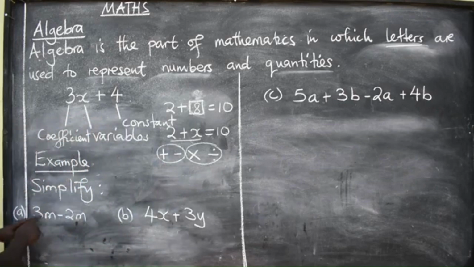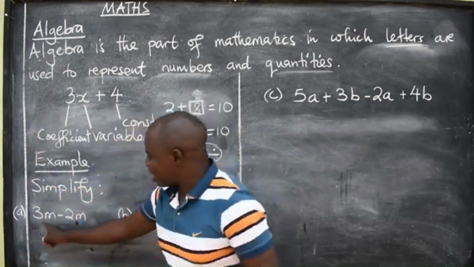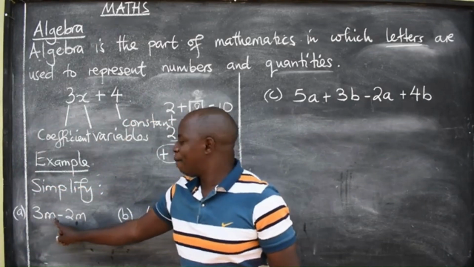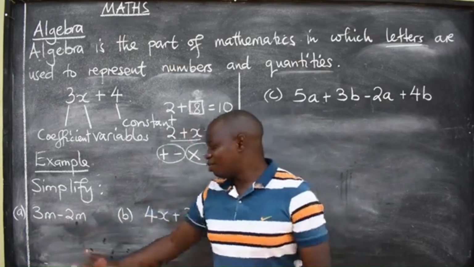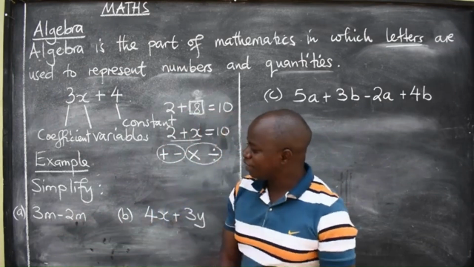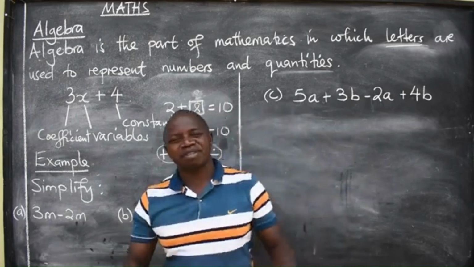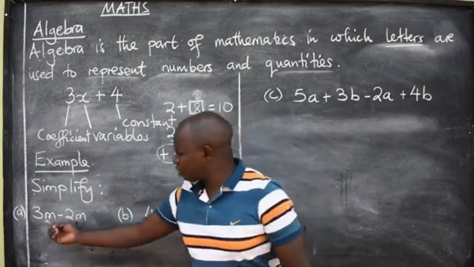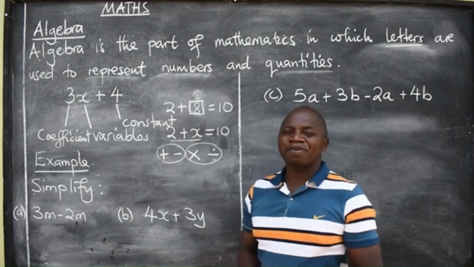Number 1, let's look at this. Hope we're together. 3m minus 2m. What is the answer? Some of you start saying, no, this is 1, others will say m, others will say a lot of answers. But what is the correct answer? Rule you need to pick.